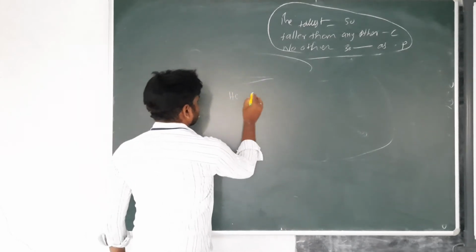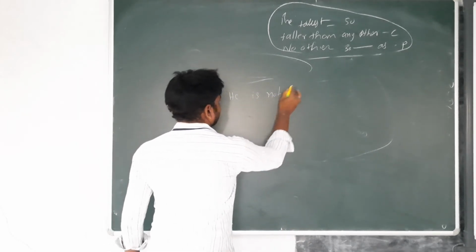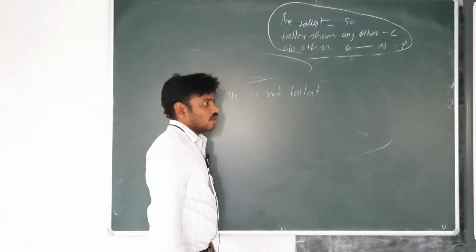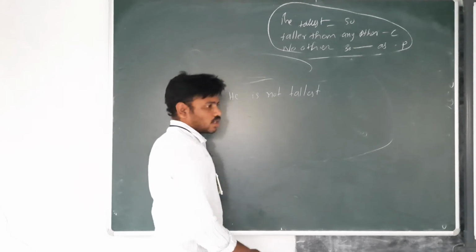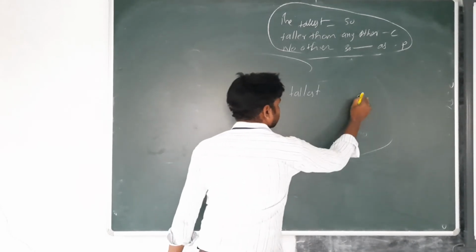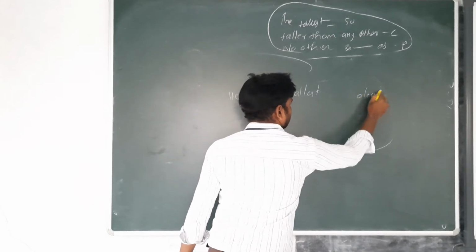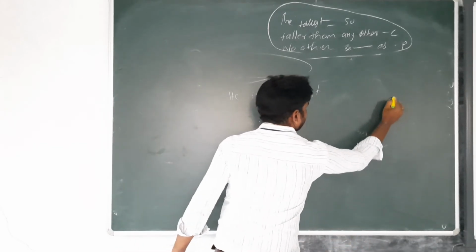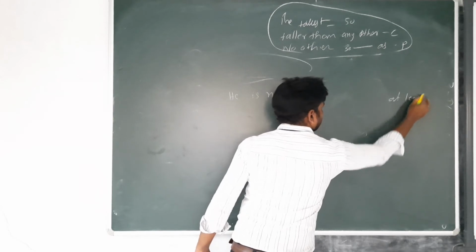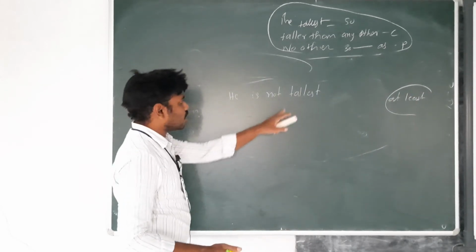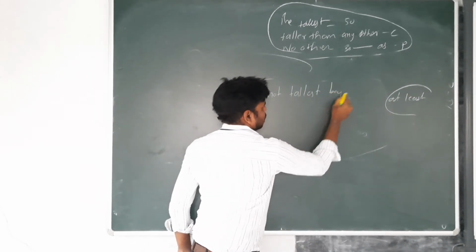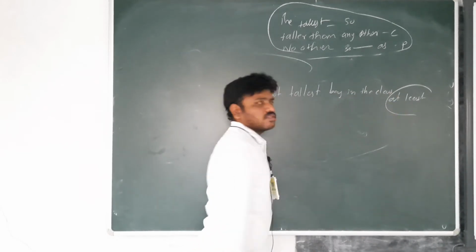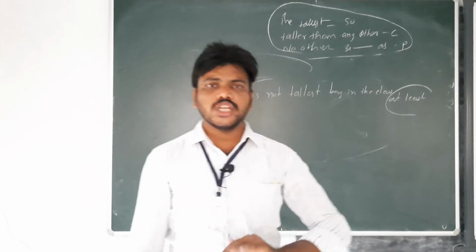He is not the tallest boy in the class. In this sentence we should write positive degree, and we should write "at least." This is a negative sentence, so how do we change it?